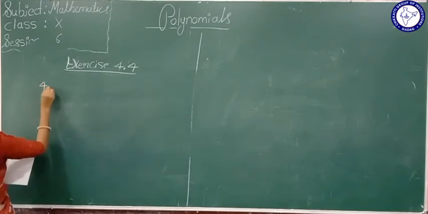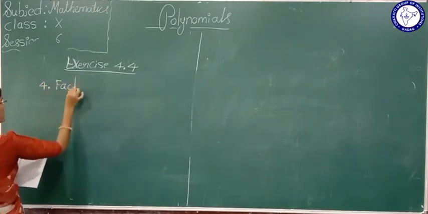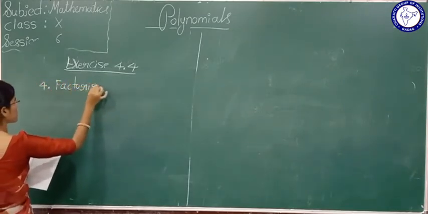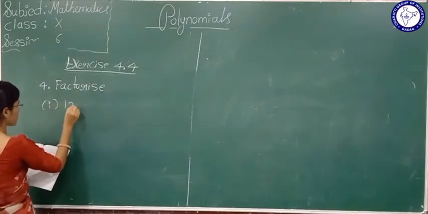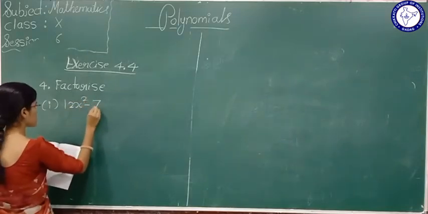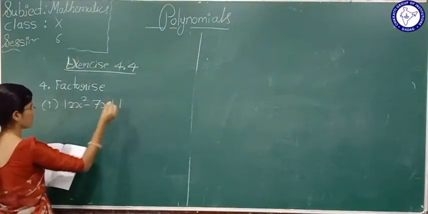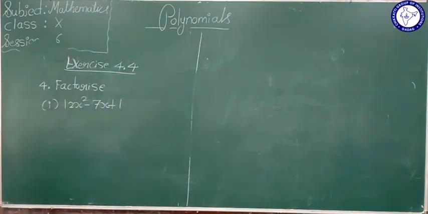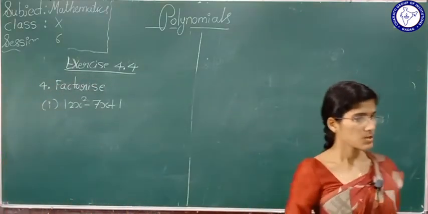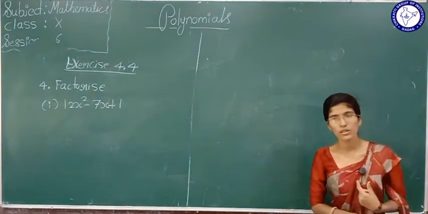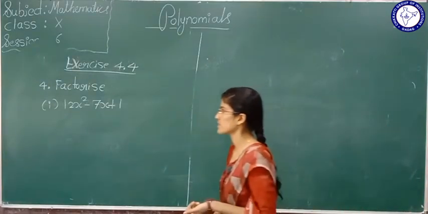Say the fourth one, factorize. Now see students, first one 12x square minus 7x plus 1. See, in the exam they will give only factorize. Either you use splitting the middle term or the factor theorem.